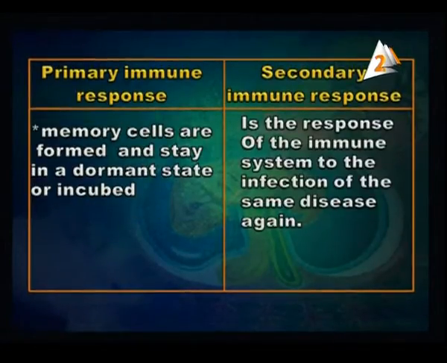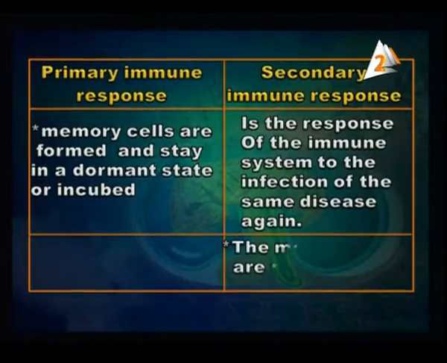What is the secondary immune response? It is a response of the immune system to the infection of the same disease again, another time. So the primary enters for the first time. The secondary resists this disease when it comes to the body another time.